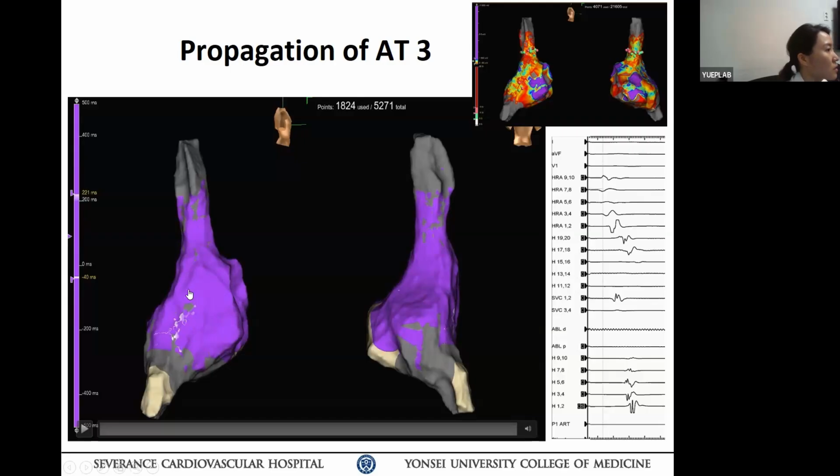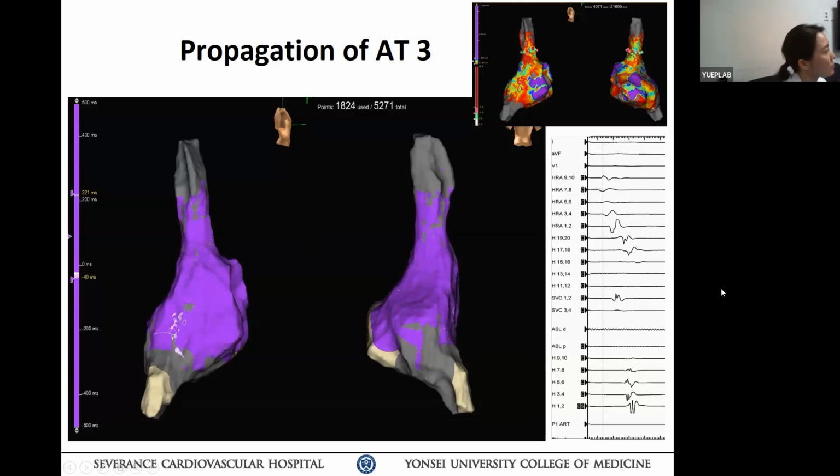Is this a single loop reentry then? If you look at the propagation carefully, it's a big circle around the crista terminalis, right?